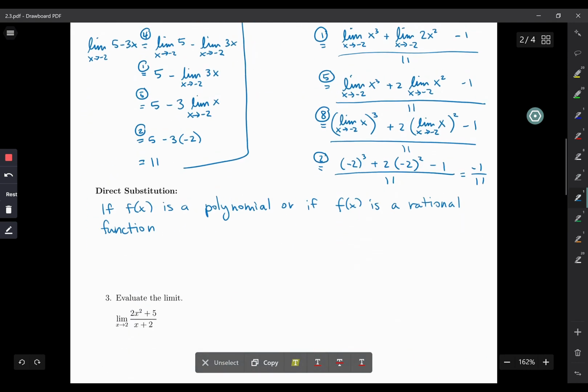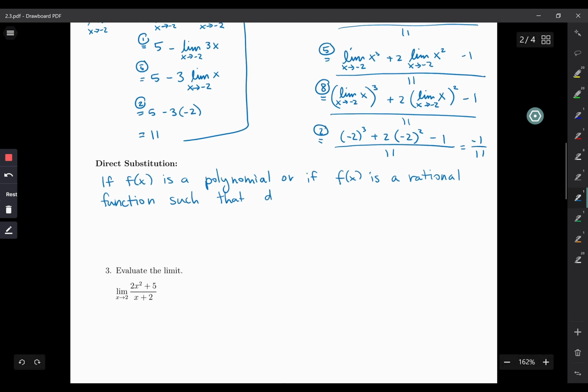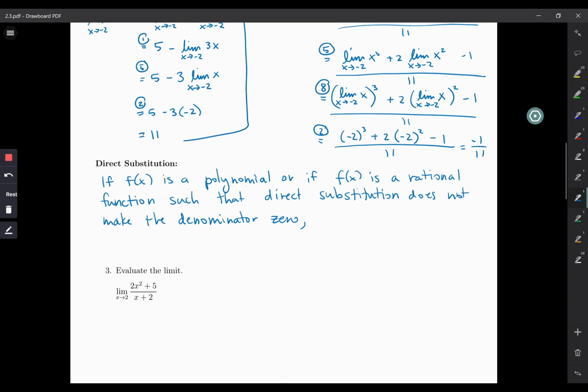Okay, so if we have a polynomial or a rational function such that direct substitution does not make the denominator 0, then we can directly substitute.